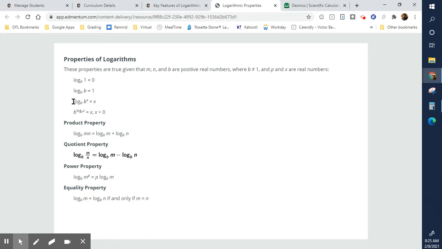If you have a base to itself and it has an exponent, then this answers that exponent. That makes sense because log base b of b to the x equals x, obviously. It's like, what do I need to become this x?